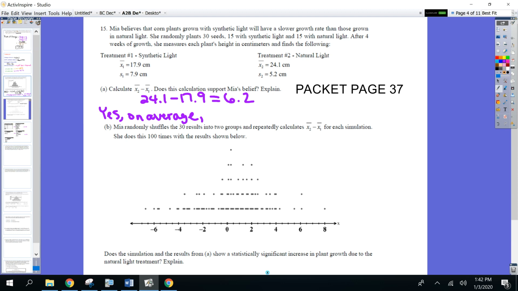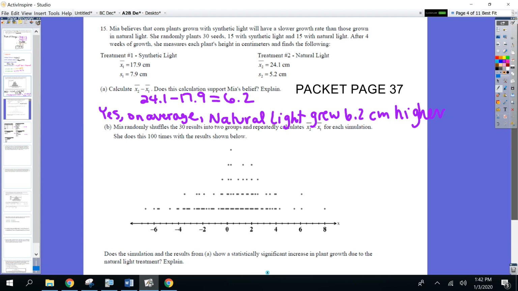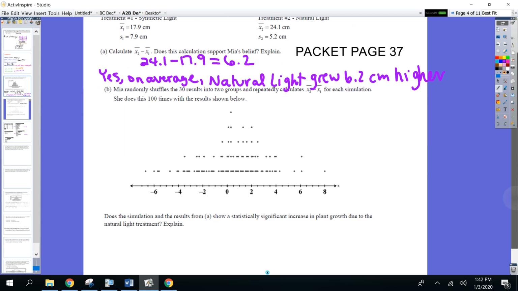So on average, natural light grew 6.2 centimeters higher. Or if you guys want to go the other direction, I could say synthetic light grew lower, correct. Okay? So she is correct right now anyway, but that could just be by random chance.